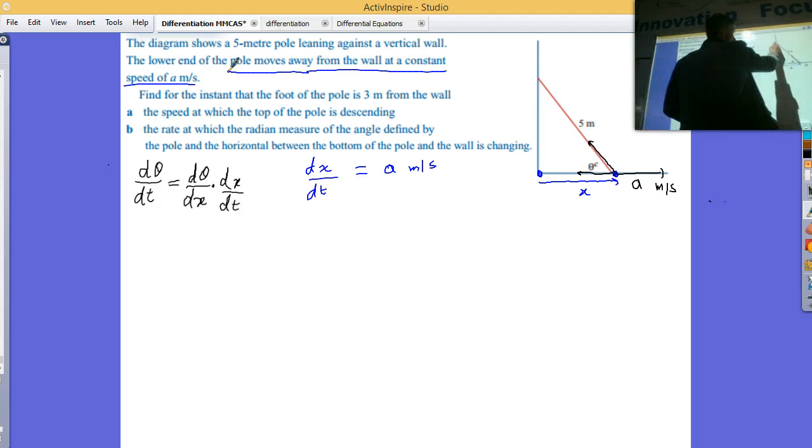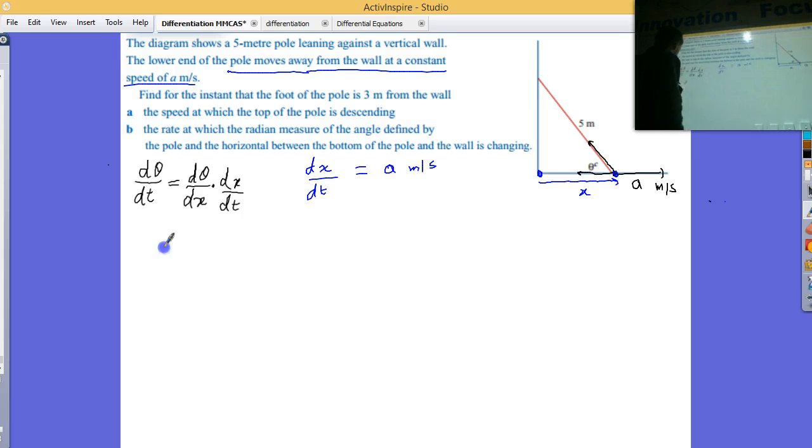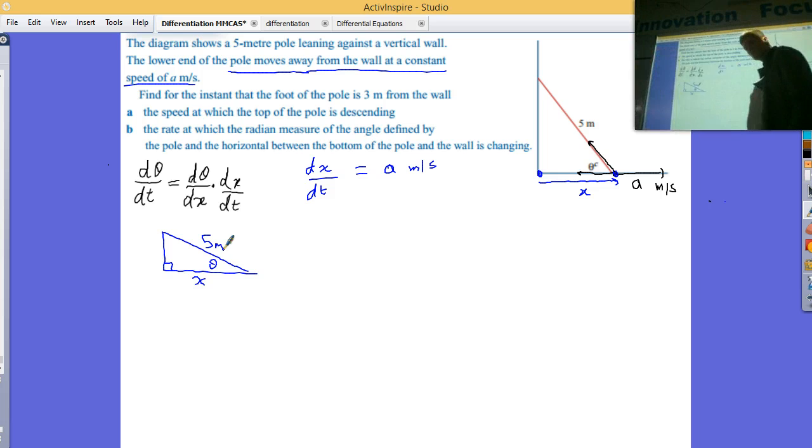So I need to think about my object here, a right angle triangle with some angle θ, where I have x as my unknown amount, and my ladder is 5 meters. What's the relationship between this side of the triangle and the hypotenuse? Well, I have to draw on my trigonometry.